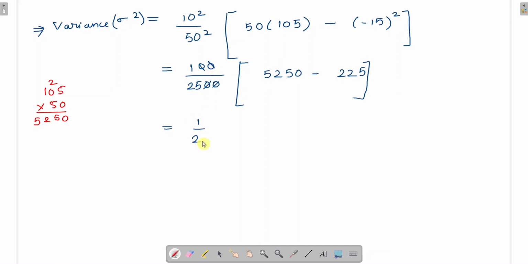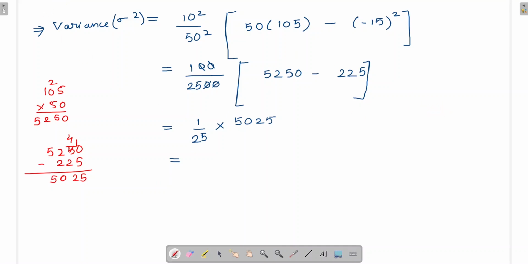So 1 by 25 will get into 5250 minus 225, so 1 borrowed, 4 remains, so 5025.